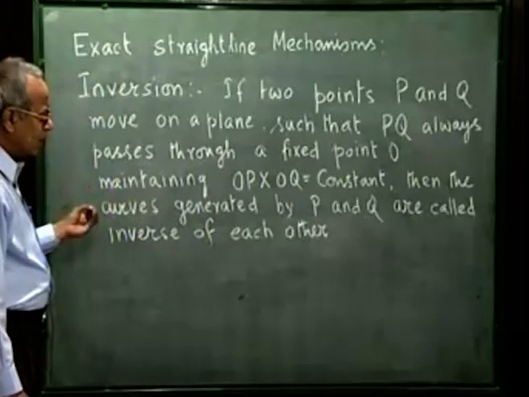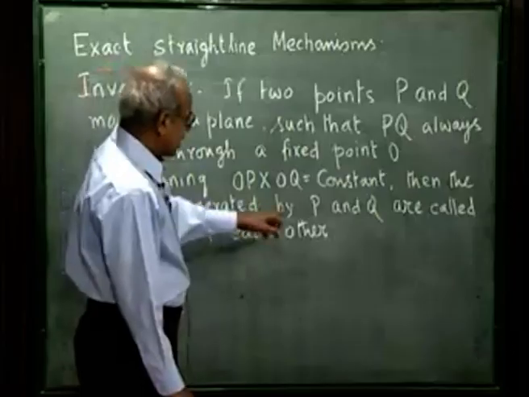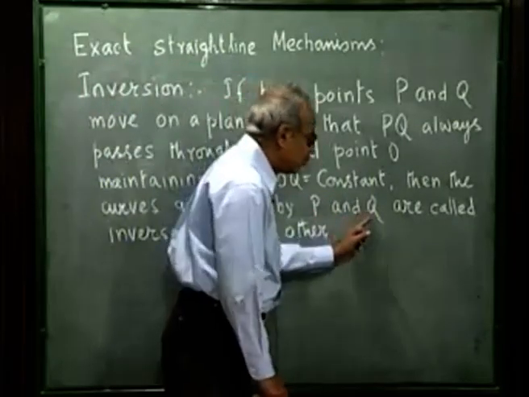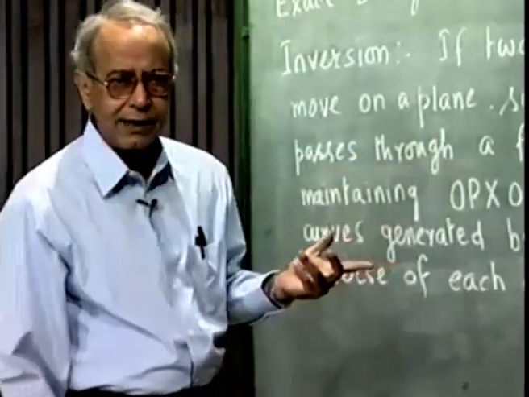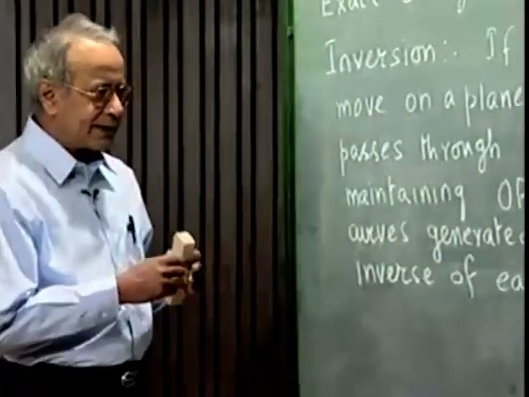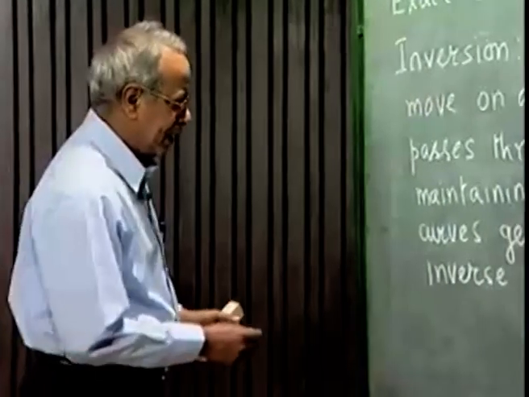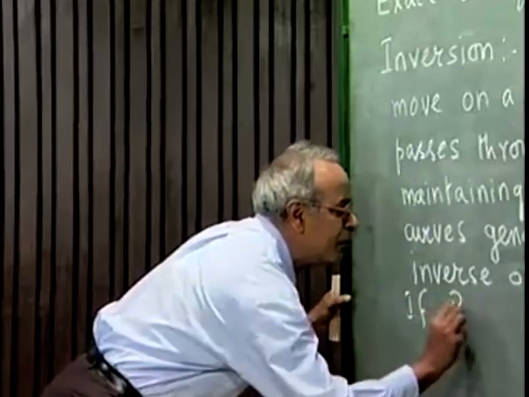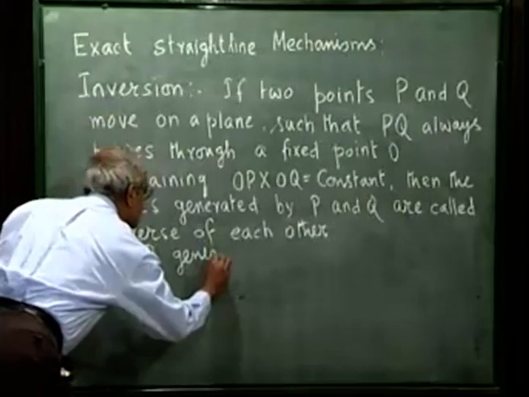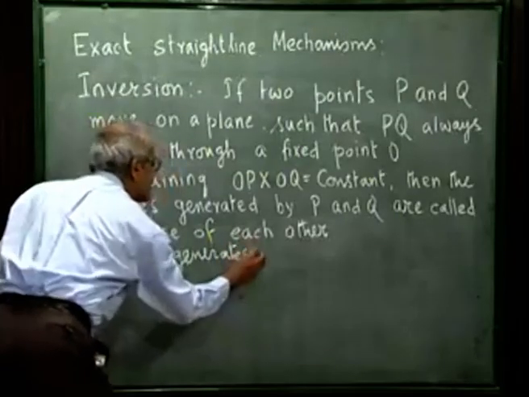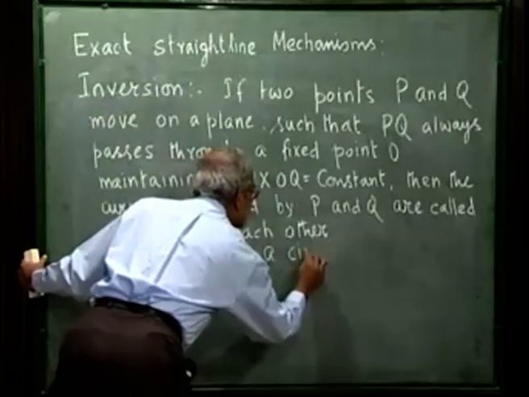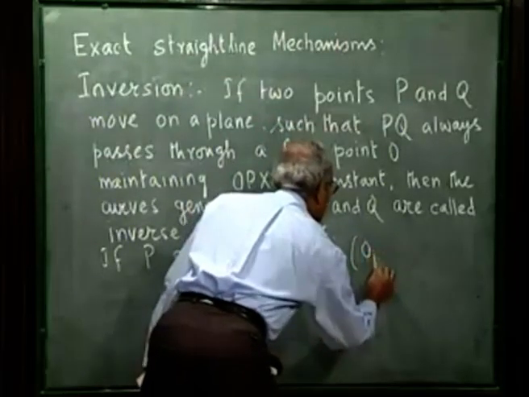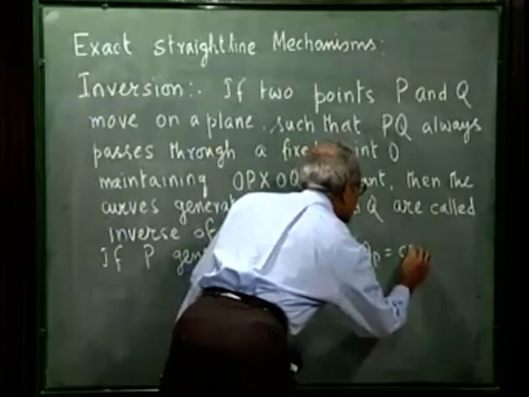It can be shown that if the curve generated by P is a circle, then the curve generated by Q will also be another circle. That means circles are inverses of each other. In general, if P generates a circle, say with center at OP as center.